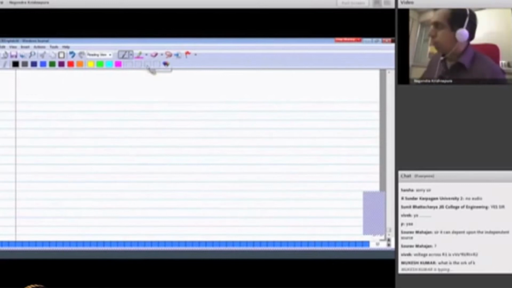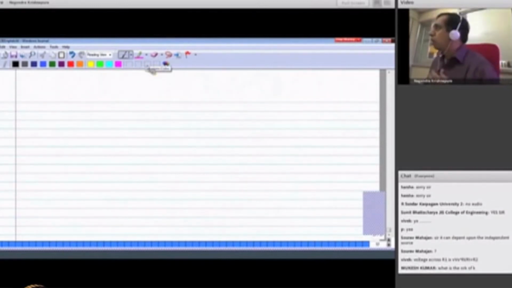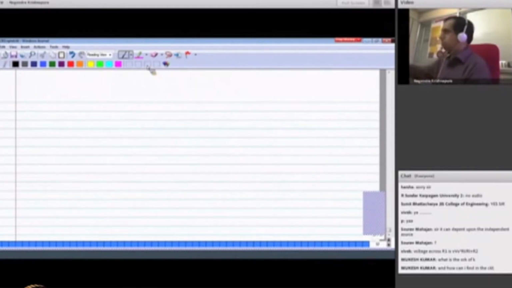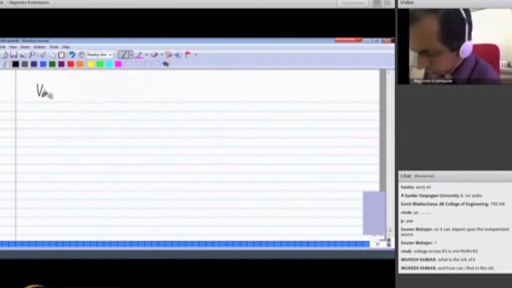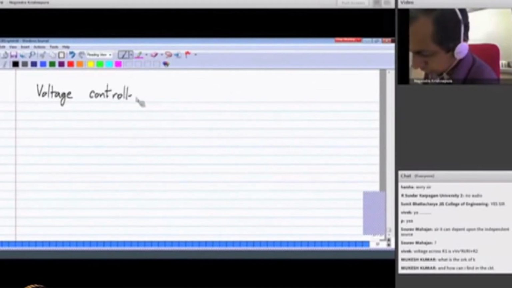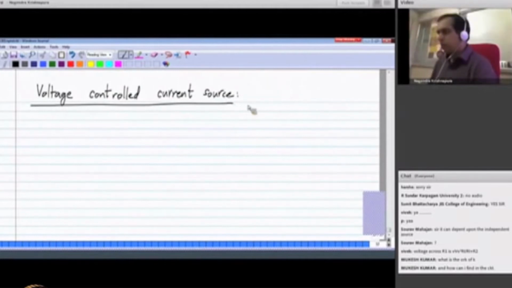Now the next type of control source is a voltage controlled current source.